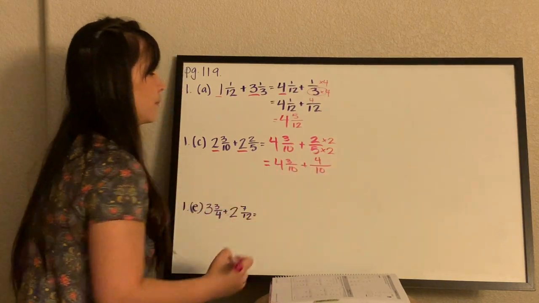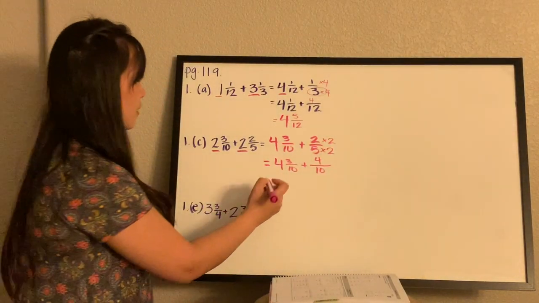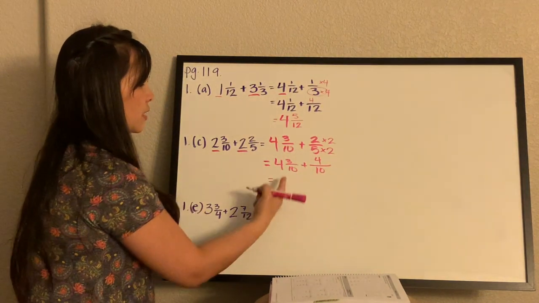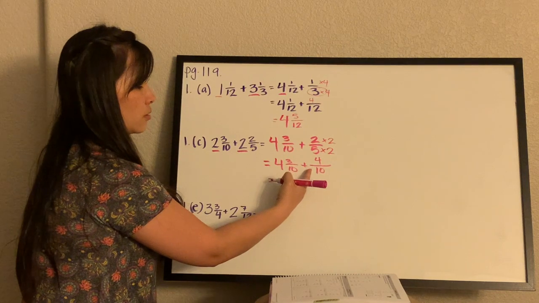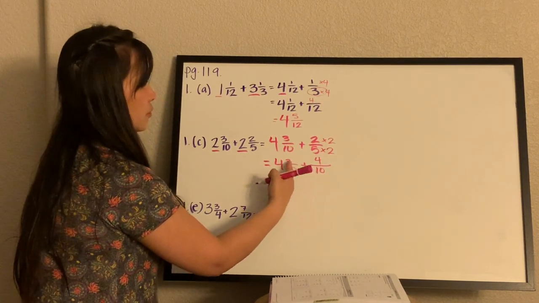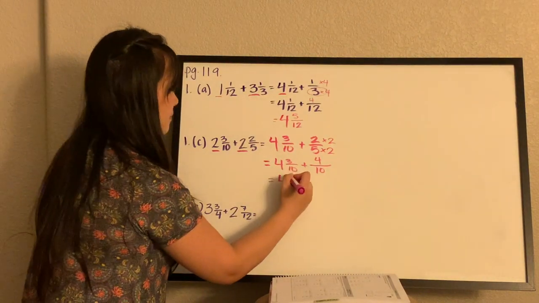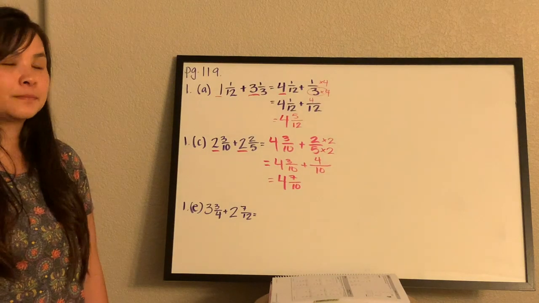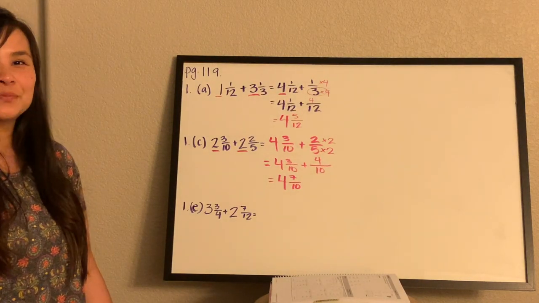So that's 4. Okay? Now we're just going to add it together. There's no other whole number, so it's going to stay as 4. Then 3 plus 4 is 7. And the denominator stays the same, which is 10. Easy enough? Cool. All right.